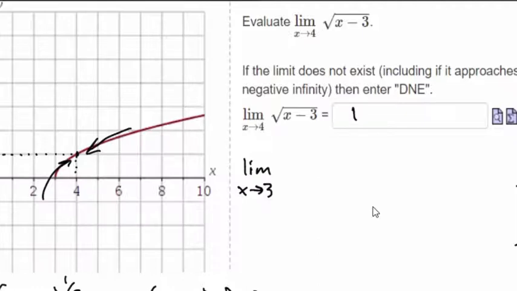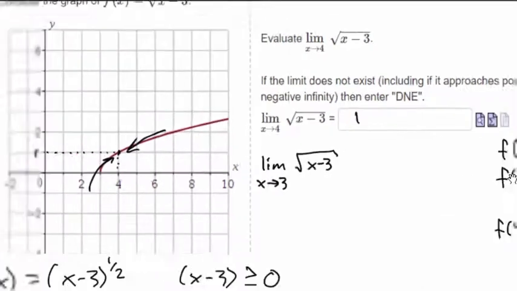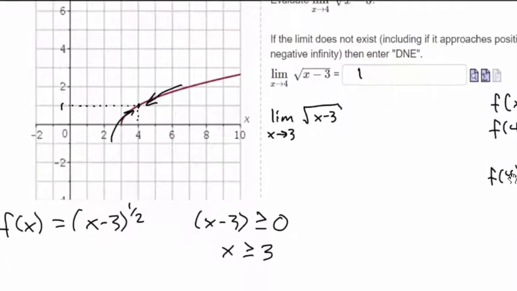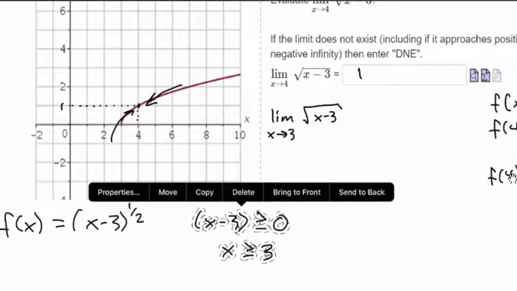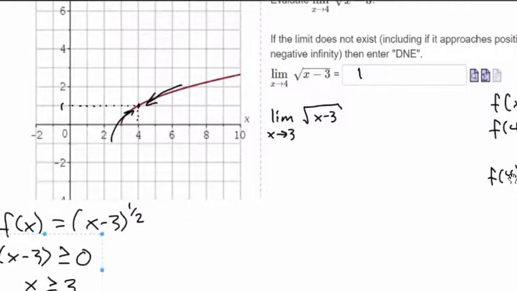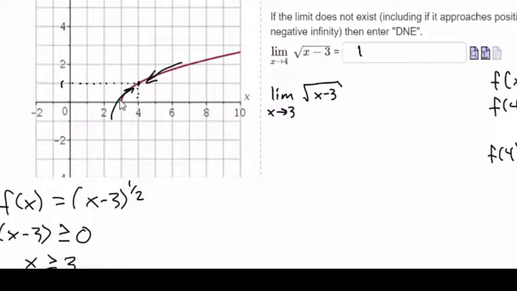And so we're going to have x minus 3, and we are going to approach from both sides. So let's approach from the right and see what that looks like. And let me just move this over for a moment, just so I have a little more room to write. And let's make sure this all fits on the screen. I don't want anything being chopped up and getting missed.